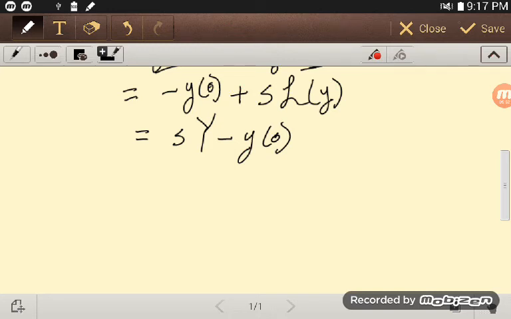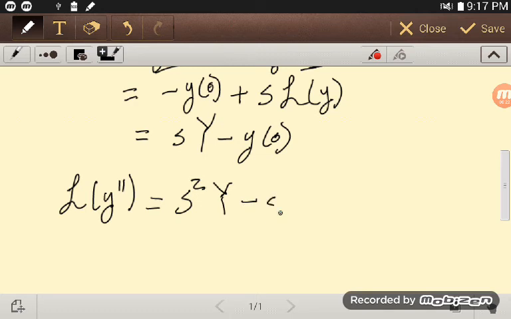Well, you can, and what we have then is if I want the Laplace transform of y double prime, that turns out to be s squared times the Laplace transform of y, minus s y of 0, and then minus y prime of 0.